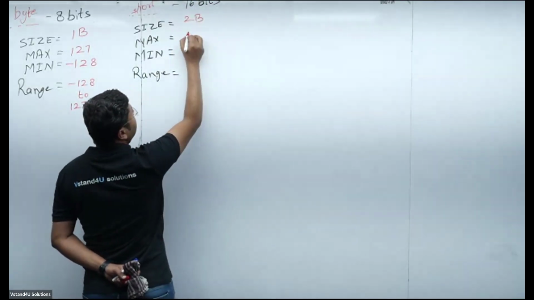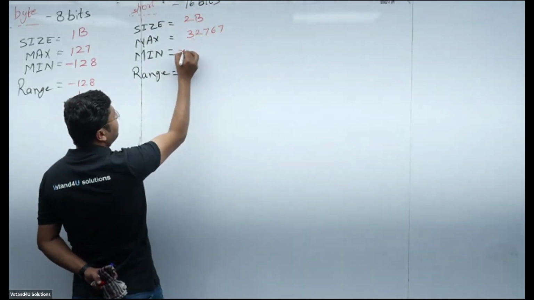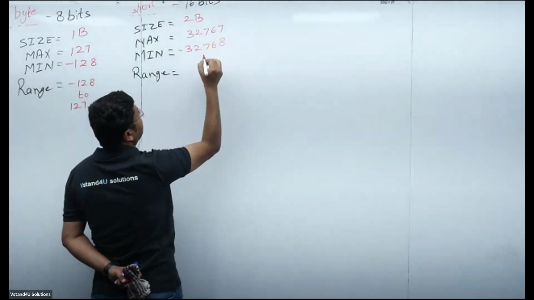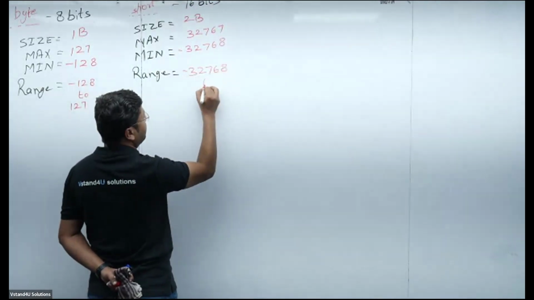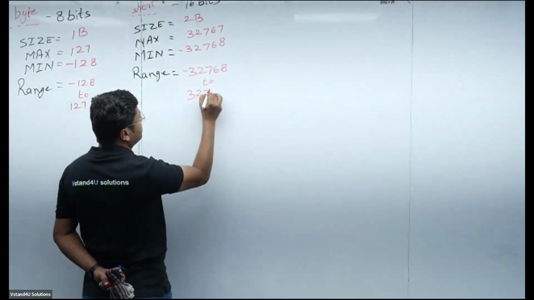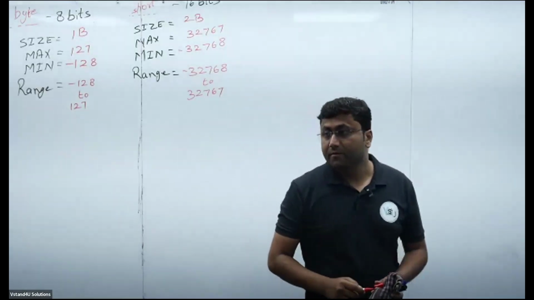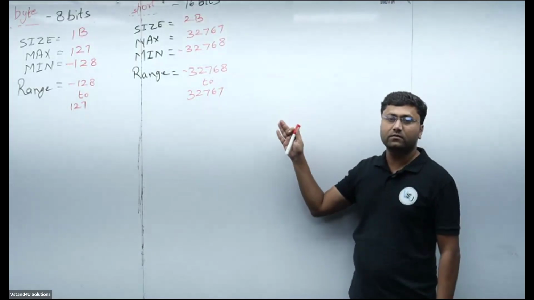Maximum number allowed is 32767. Minimum number is minus 32768. Range is minus 32768 to 32767. Am I clear? Everybody, this is how byte and short work.